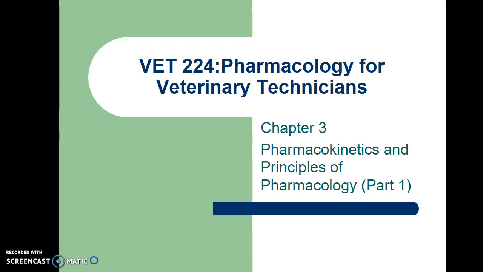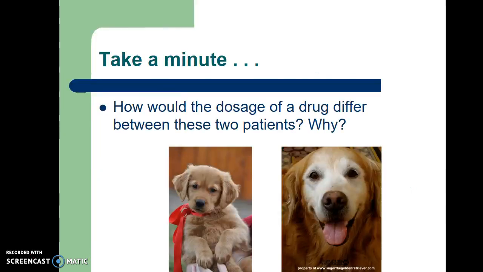they exert their effect. So I want you to just take a minute and think about these two patients and think about how the dosage of a drug would differ between these two patients. And when we're talking about a dosage, we're talking about the amount that we're giving, usually in milligrams, per weight of the animal.